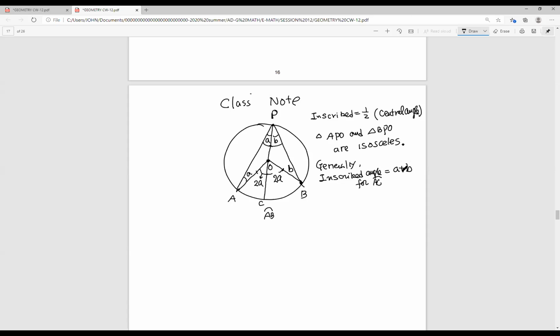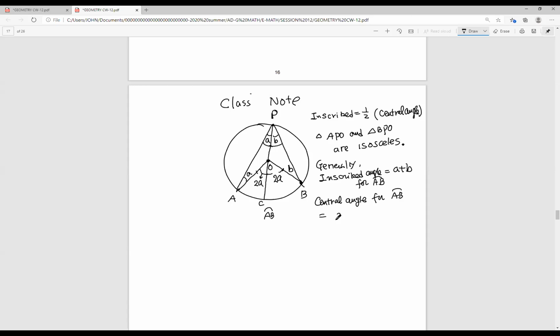Now, what is the center angle for arc AB?